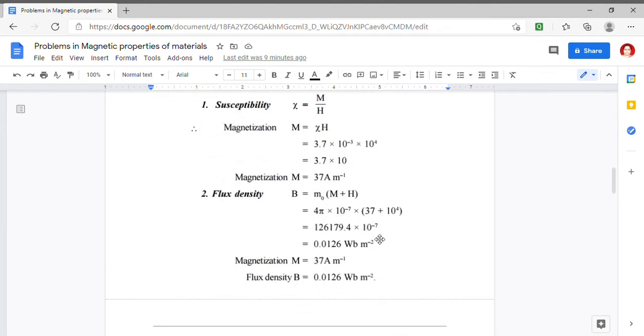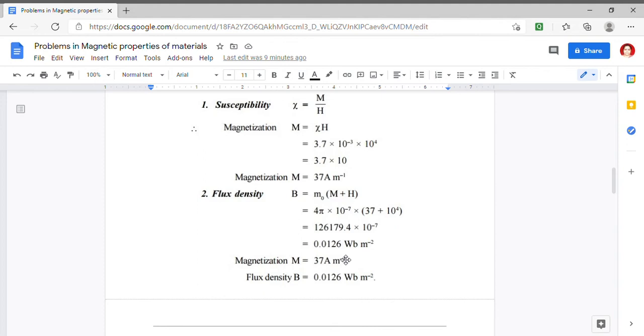So substituting these values and solving, we get the value of flux density as 0.0126. This is the value of flux density so obtained.